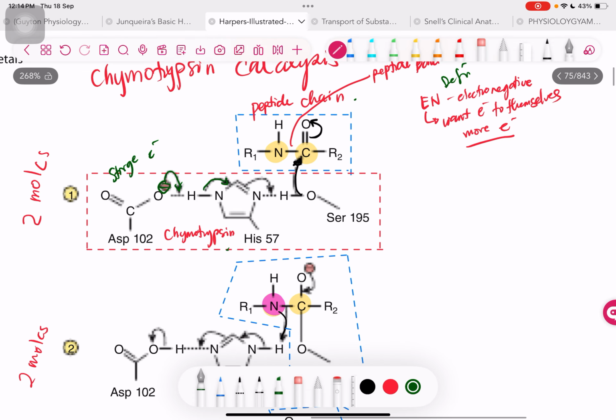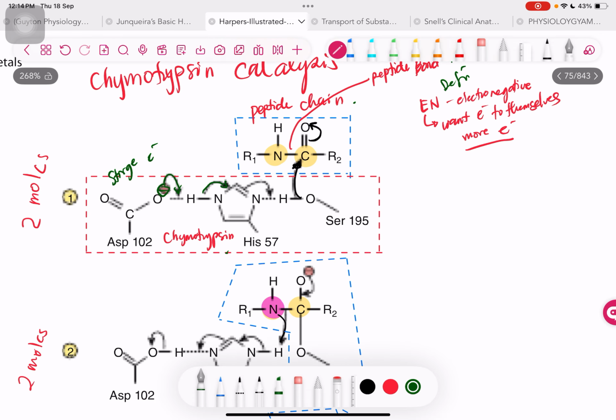Now, in this part it is activated. Electrons transfer from one place to another, and the oxygen from serine 195 attacks the partially positive carbon. Why is it partially positive?